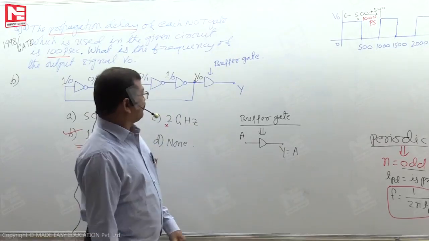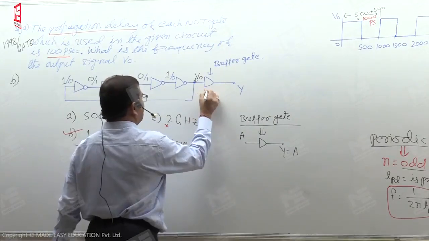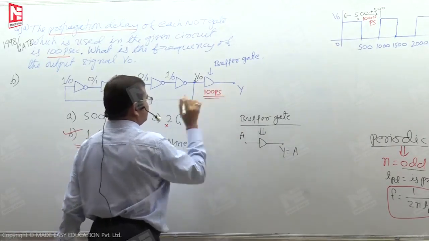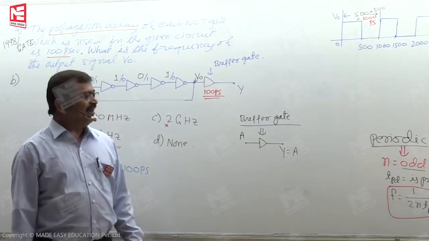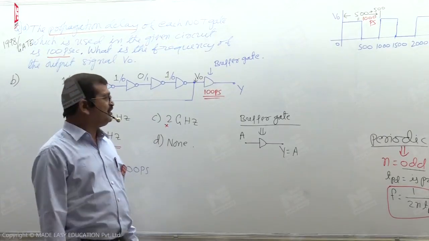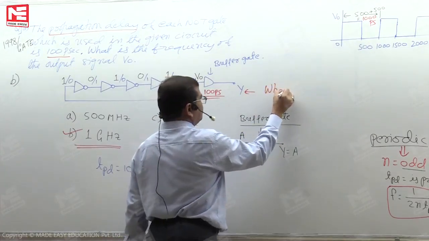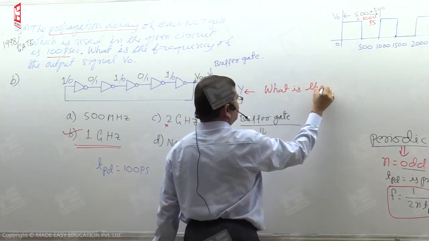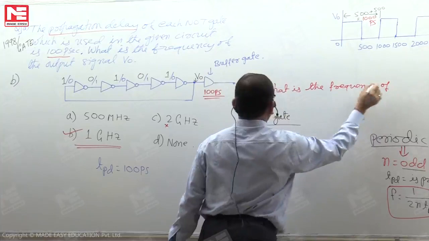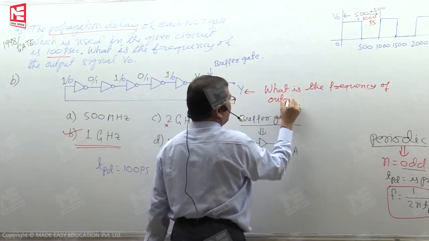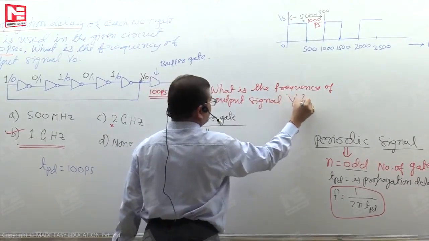So come to this now. Here consider this buffer gate also having a propagation delay of 100 picoseconds. The buffer gate also has a delay of 100 picoseconds. And if I ask the same question, what is the frequency of the output signal Y?